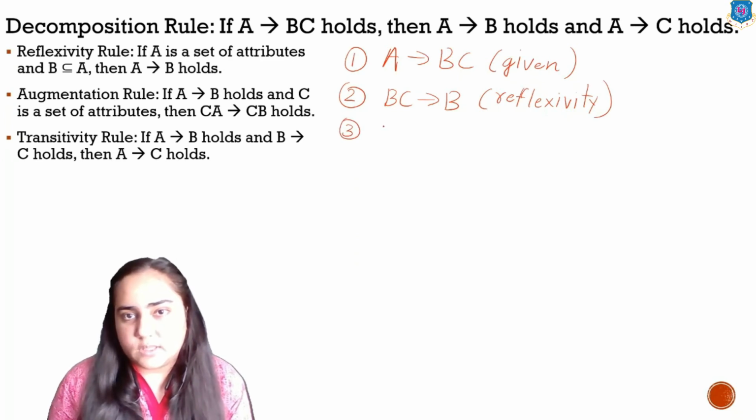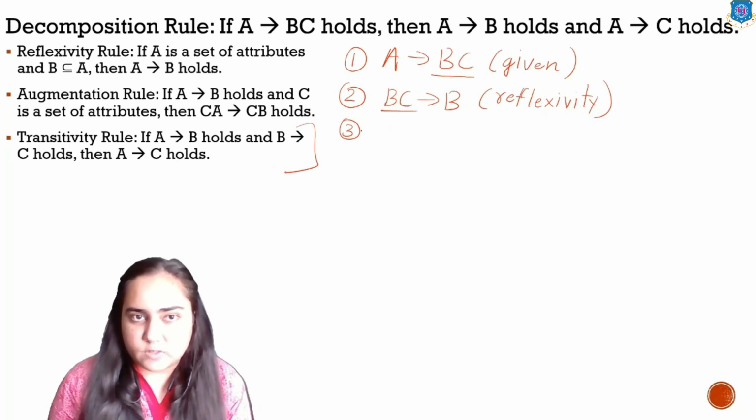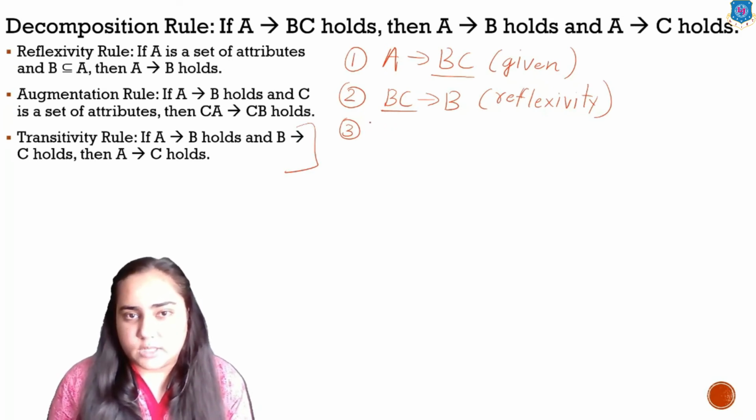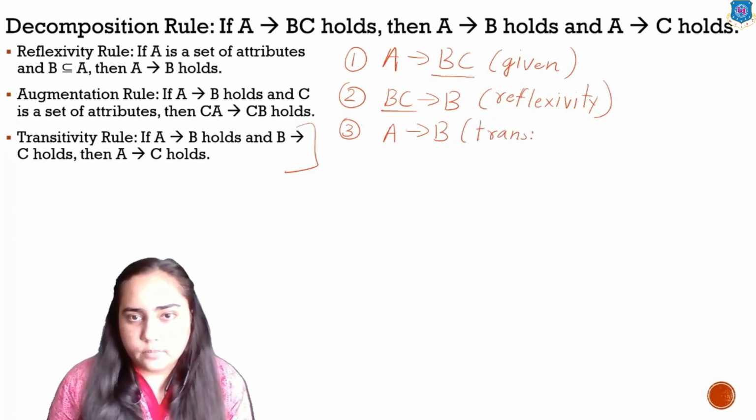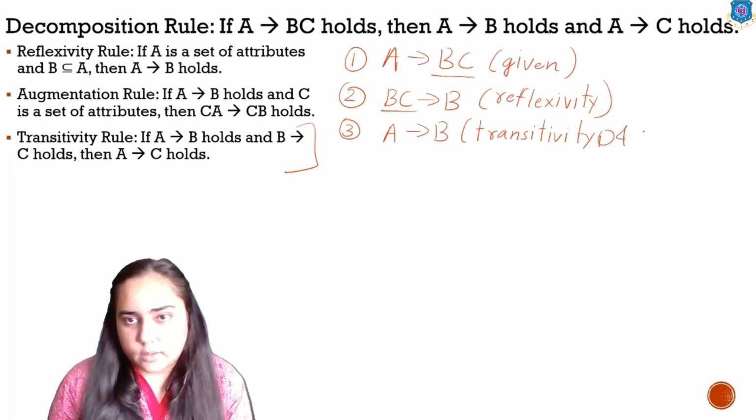Now, as a third step, you can see quite clearly now there is BC present here, BC here, which means I can once again apply transitivity rule as in the previous proof we did, and I can conclude that A determines B. This is once again transitivity between 1 and 2.